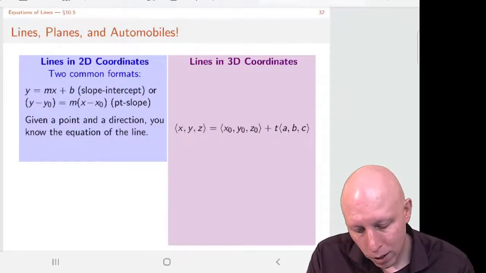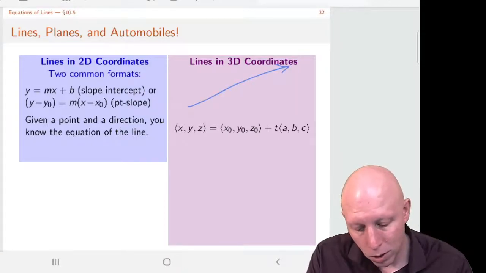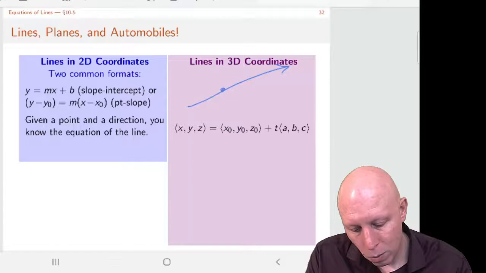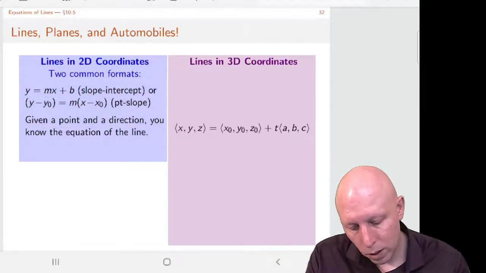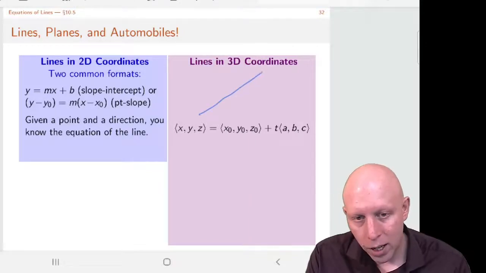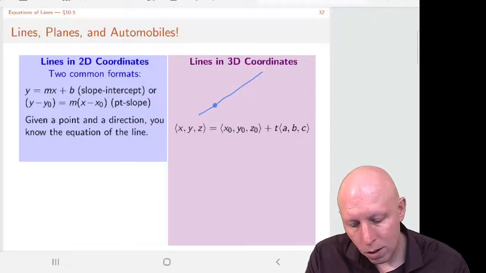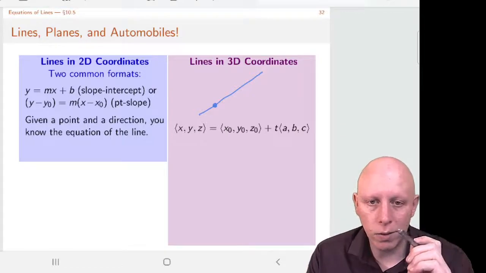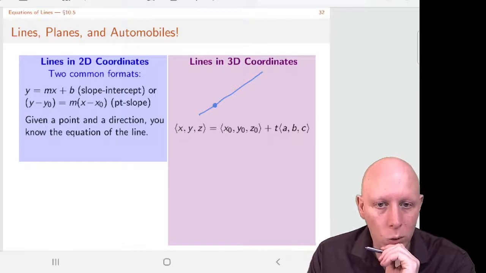Well, maybe we're in three coordinates, maybe we're in 2 coordinates, but what we have is some line. This is in 3D, and a line is perfectly well defined if you have a point and you have the direction in which it goes from there.